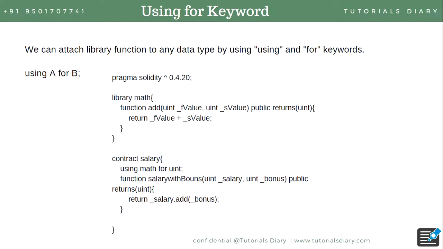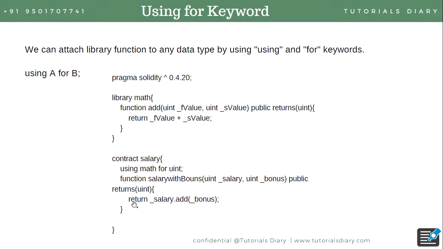So what you can do here, you can see the syntax: using math for uint. You are using this math library and assigning it to the unsigned integer data type. So whatever functions you have in this math library will become accessible through this data type. You can see down below, now you can access this add function using unsigned integer dot add, and you can pass the additional parameter here.